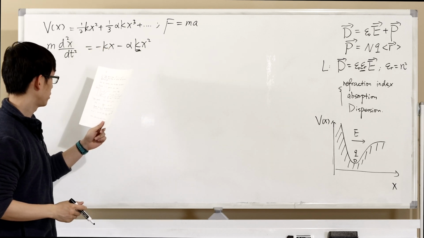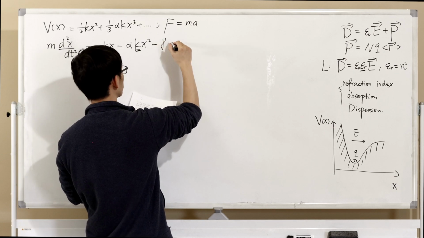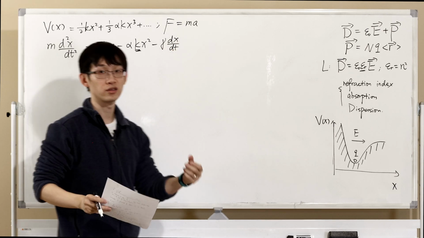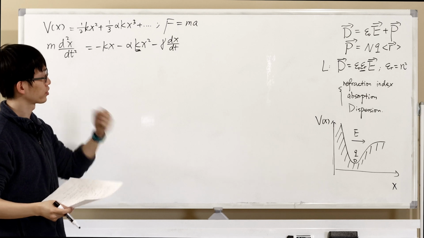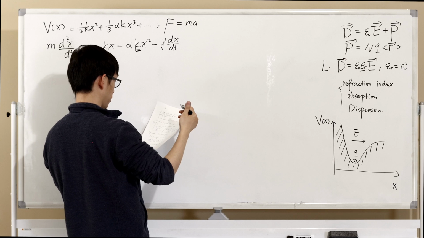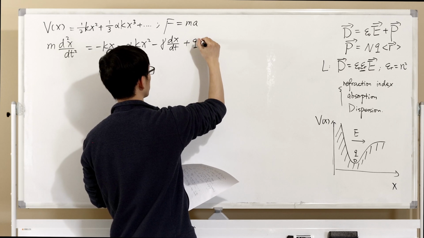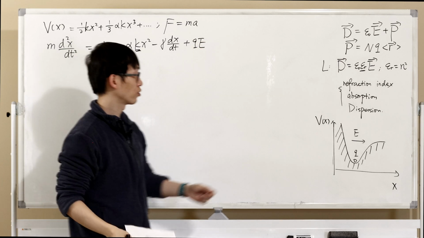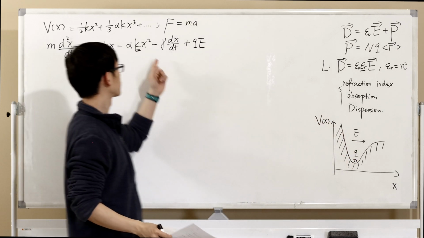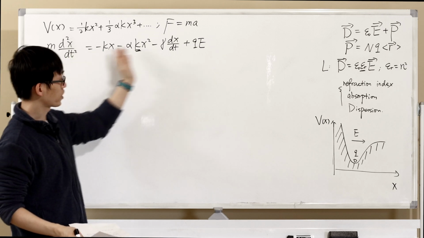Then there's the dissipative force that's proportional to your velocity. You can think of it as air drag. And of course you will also have the force added by your electrical field, qE. So this is ma equals F in this form.